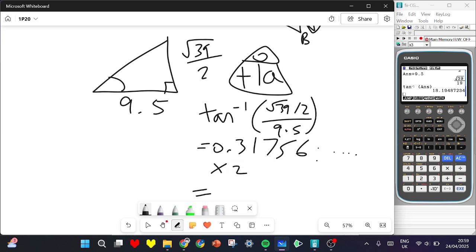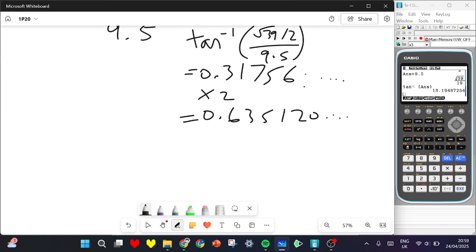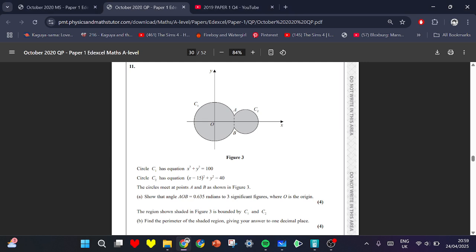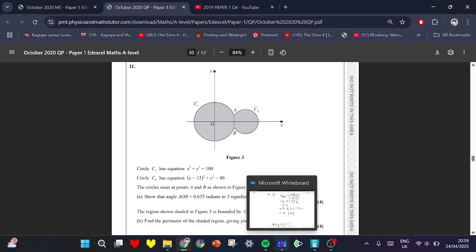And if you do that, you get 0.63512, blah blah blah. And then to three significant figures, that's 0.635, which is what the question said. So, yeah, that's why you do that one.